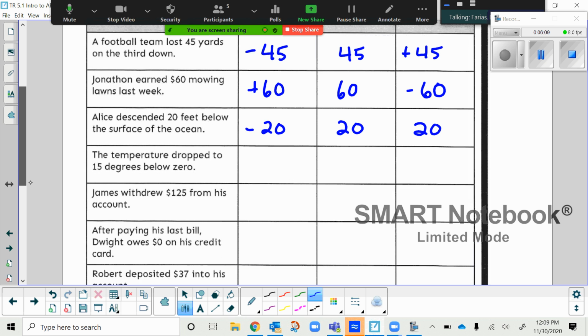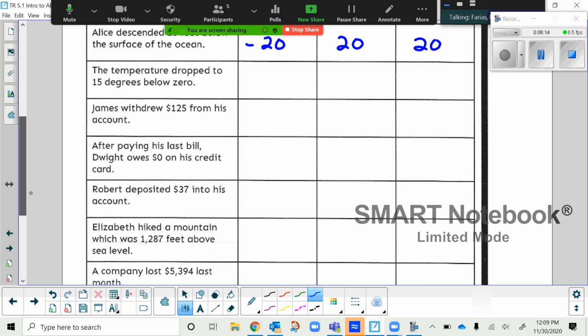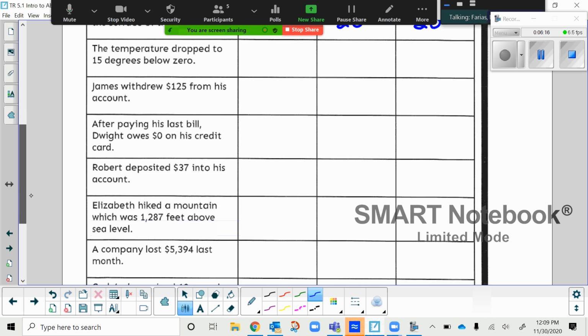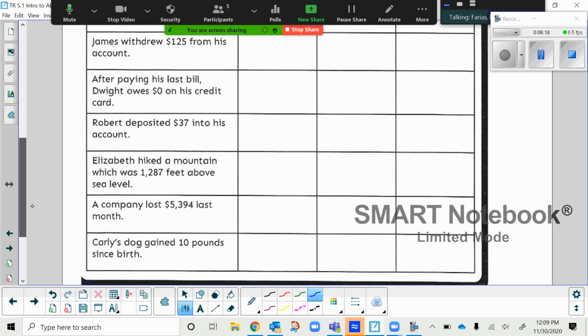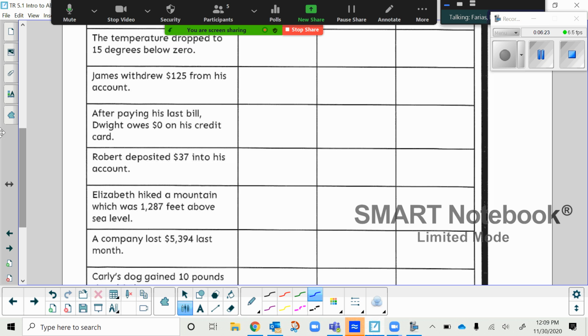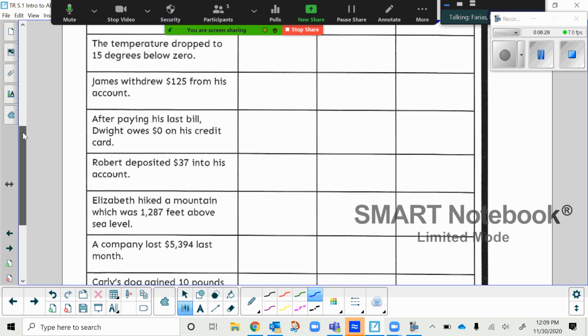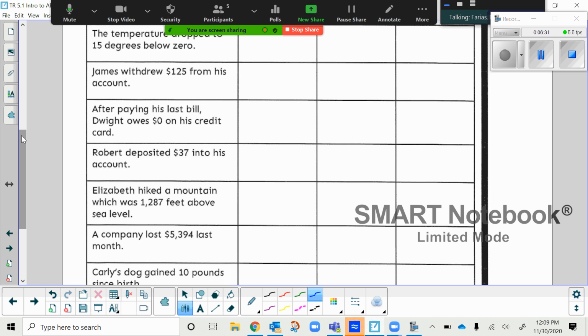So take a minute and go ahead and finish out this chart, and then we'll just talk about a few of the situations, like what it means to be positive or negative. And if you're in Zoom, you don't have to copy every single word down, because you still have access to this chart. Just take a few moments to finish that out.